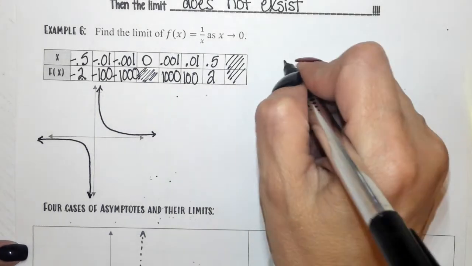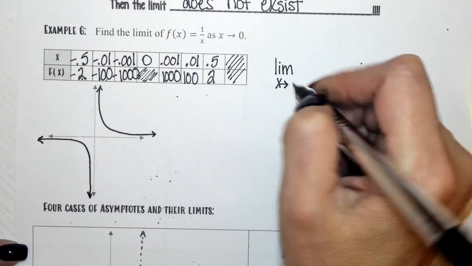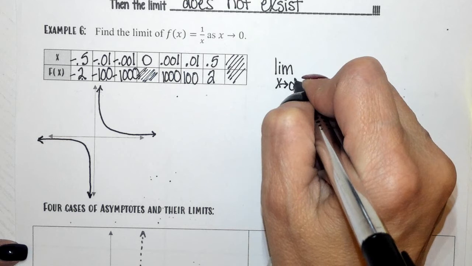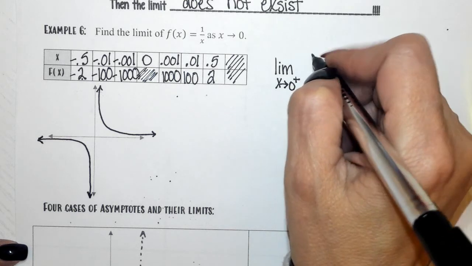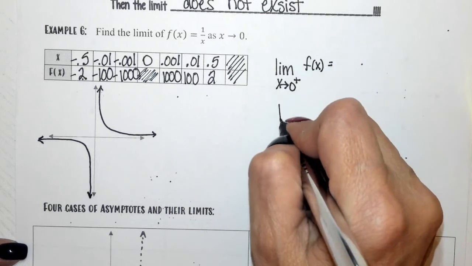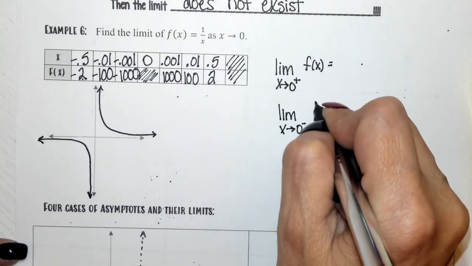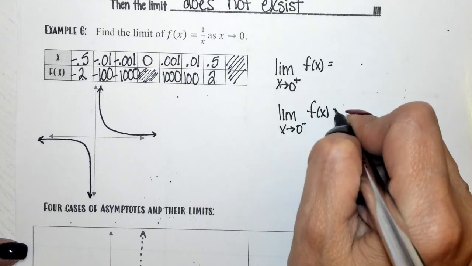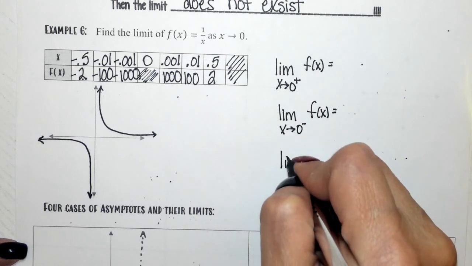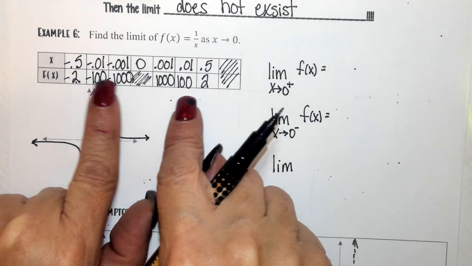So I'm like, okay, well, let me go over here. The limit as x approaches 0 from the right. And I'm just going to put f of x for this. And then I'm going to put the limit as x approaches 0 from the left. And I'm going to have to figure out, because this one's not going to the same number, right?